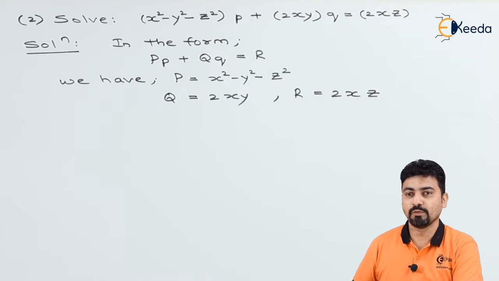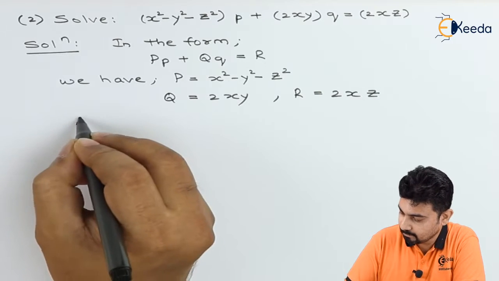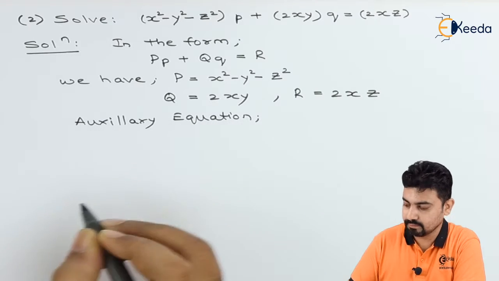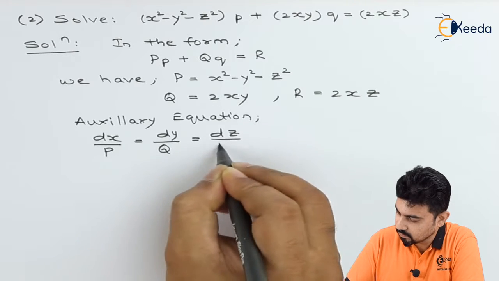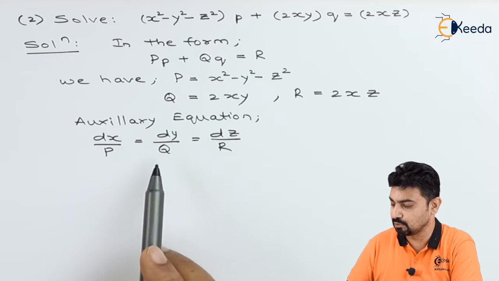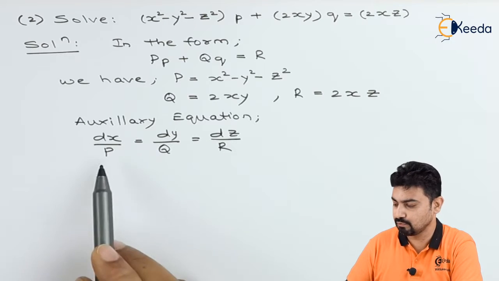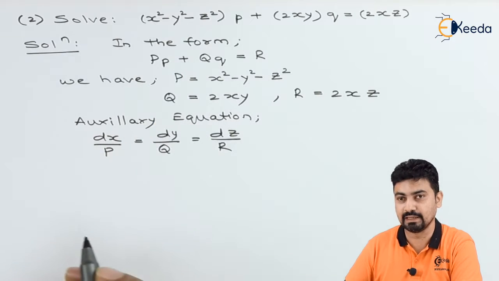Now we will be forming our auxiliary equation. The auxiliary equation is given by, so this is our auxiliary equation given by dx upon P is equal to dy upon Q is equal to dz upon R. Let us substitute the values of P, Q and R and get our auxiliary equation for this linear equation.